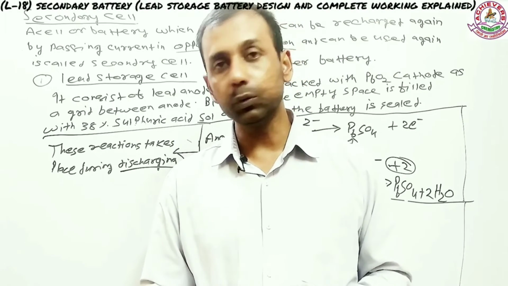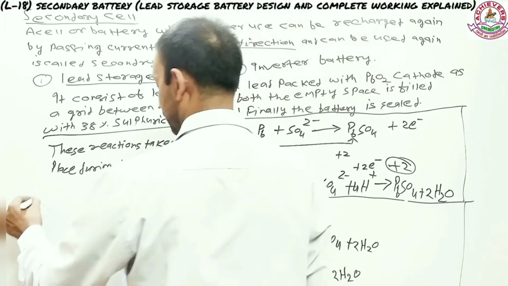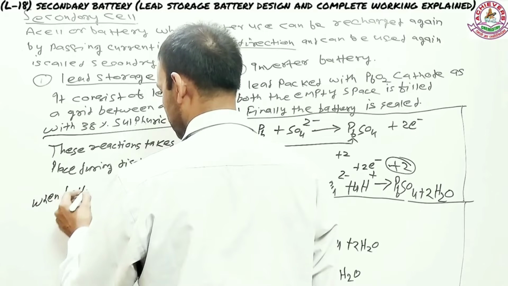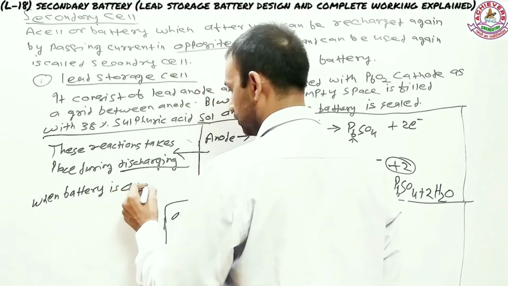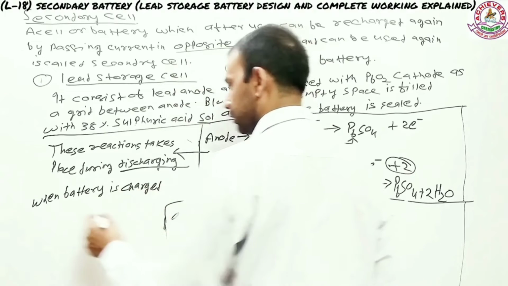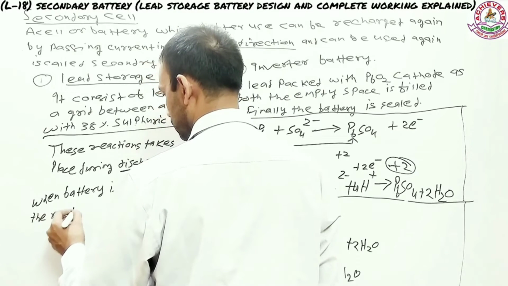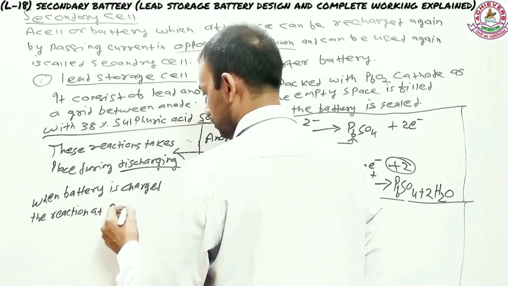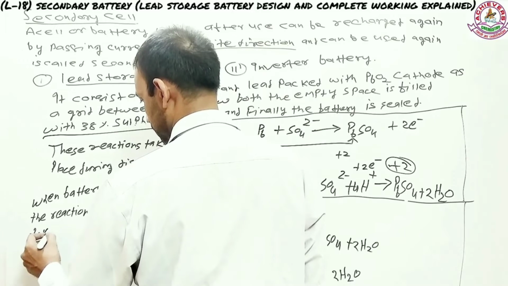So what you have to do, let me write it first, then I will help you with that. So when the battery is charged, the reaction at anode takes place at cathode.